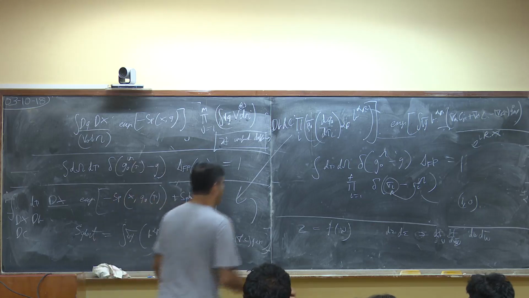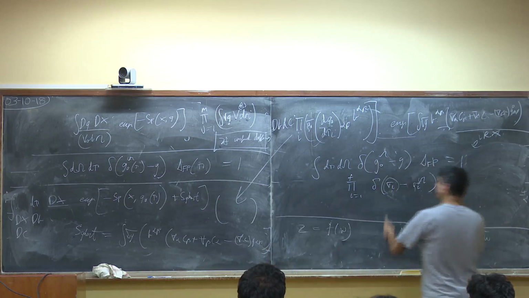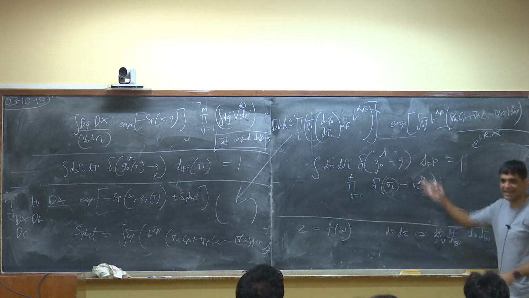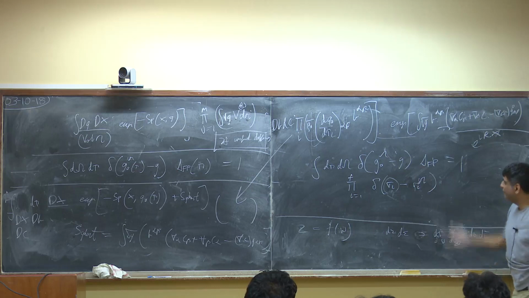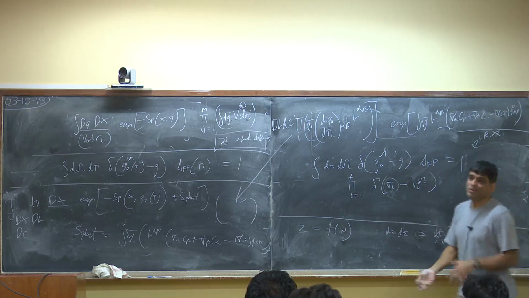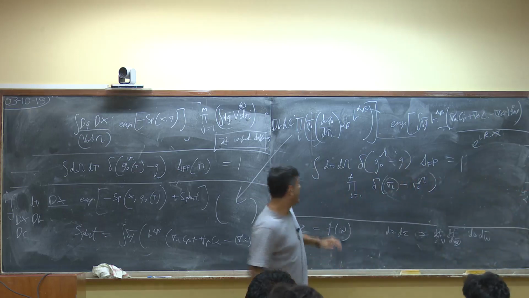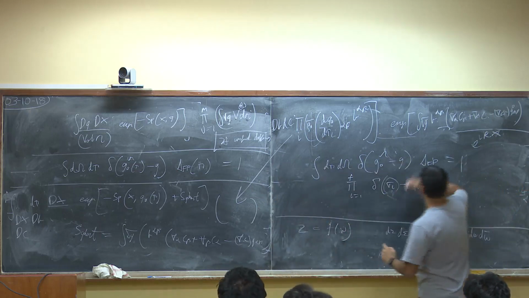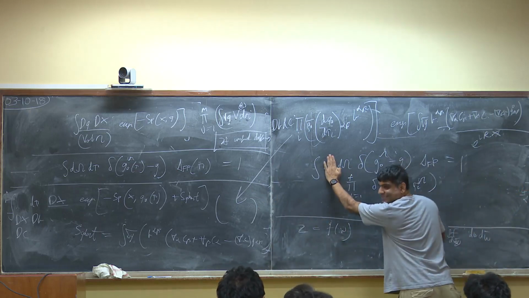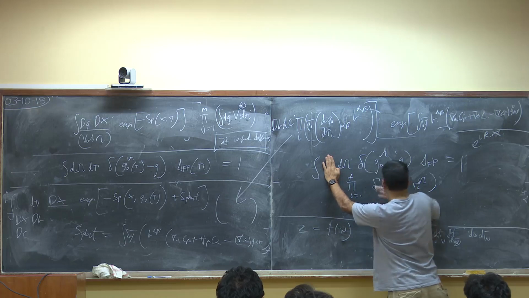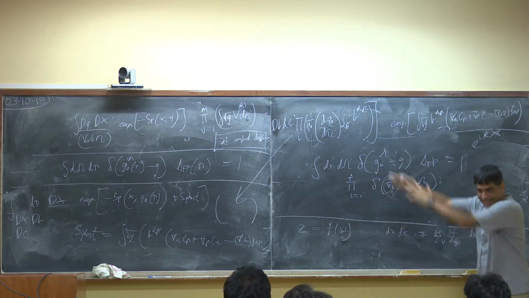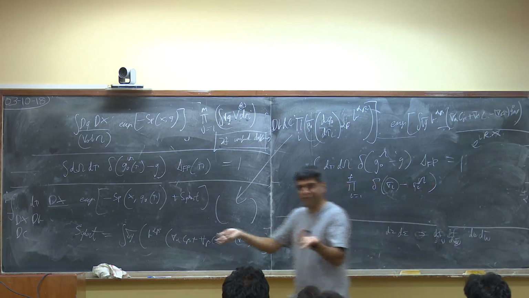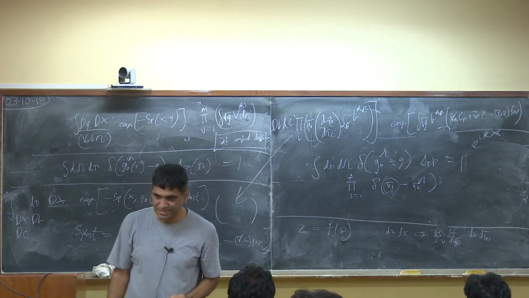Now the Faddeev-Popov factor is defined by this whole formula. This is the correct formula for the Faddeev-Popov. Before this, the Faddeev-Popov was either 0 or infinity. If I didn't have the taus, I would get infinity. If I didn't have this, I would get 0. I need both of these to get a well-defined formula for Faddeev-Popov. Okay?